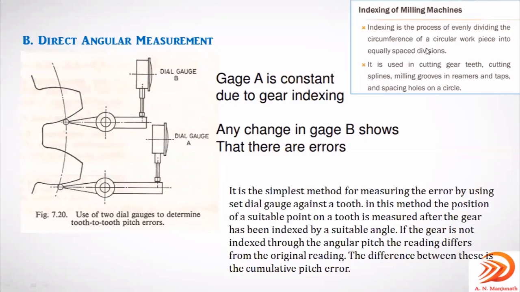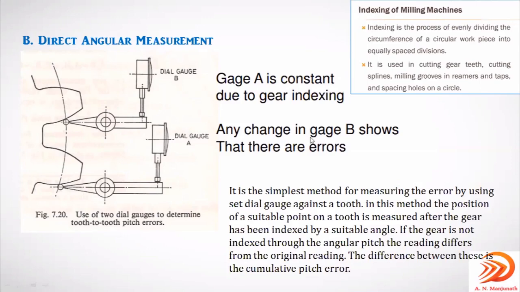It is the process of evenly dividing the circumference of a circular workpiece into equally spaced divisions. Without indexing, you can't perform the gear tooth cutting operation with equidistance. You can't maintain that equidistance, and then the pitch will go into error from one tooth to another. So gauge A is constant due to gear indexing.